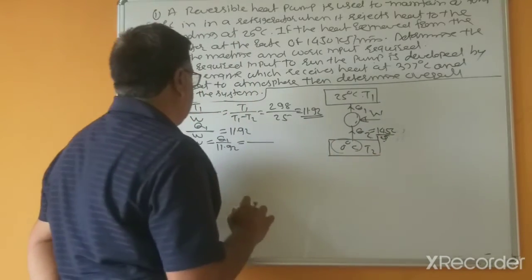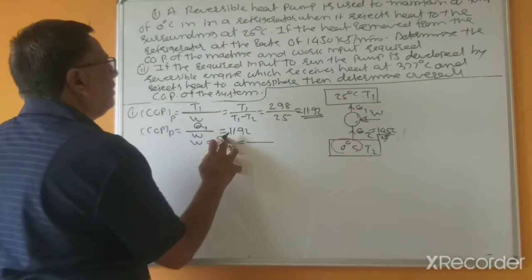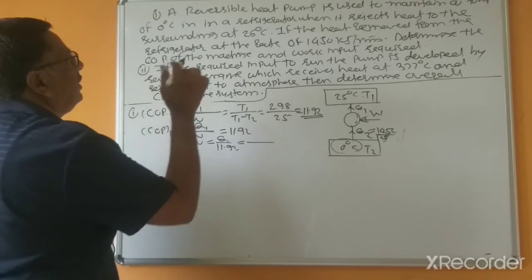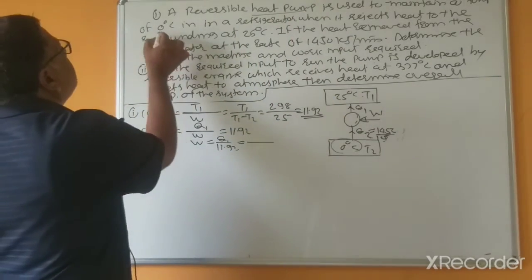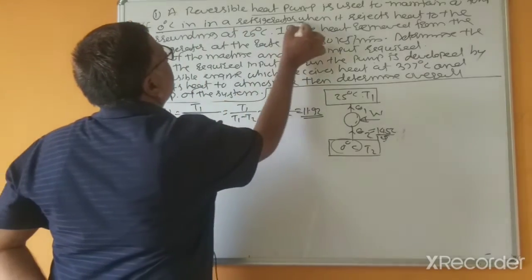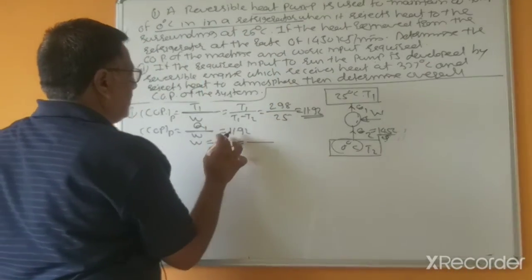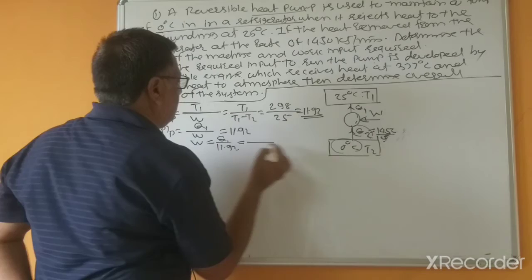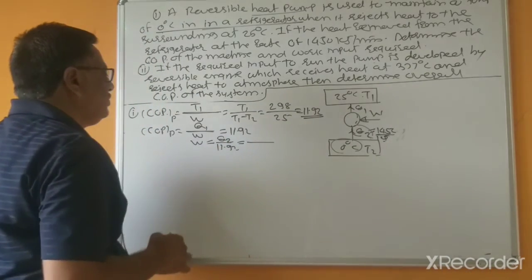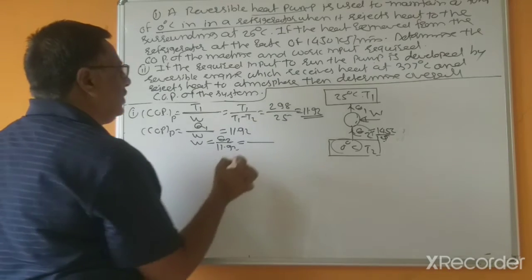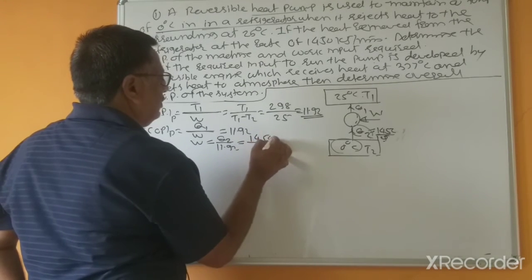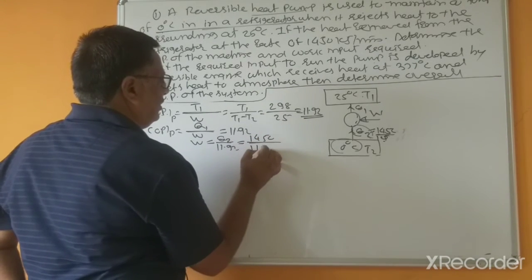This is not a heat pump, and this is maintained at a temperature 0 degree centigrade in a refrigerator. So this is a refrigerator and this is important, so that's why we have to change, this is Q2 equal to 1450 divided by 11.92.